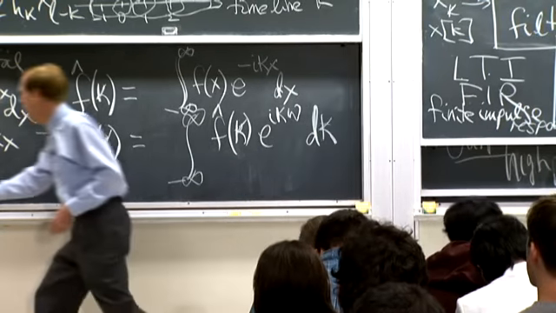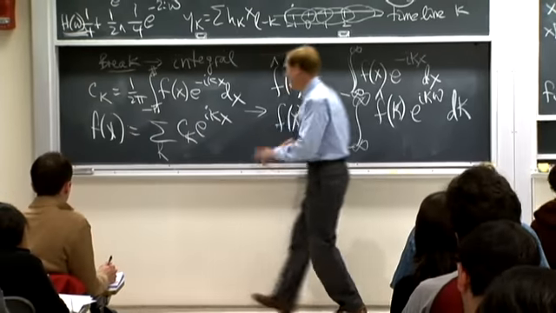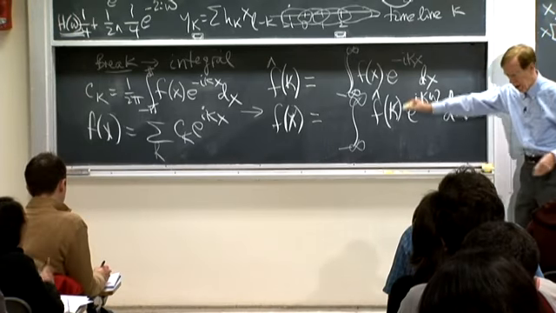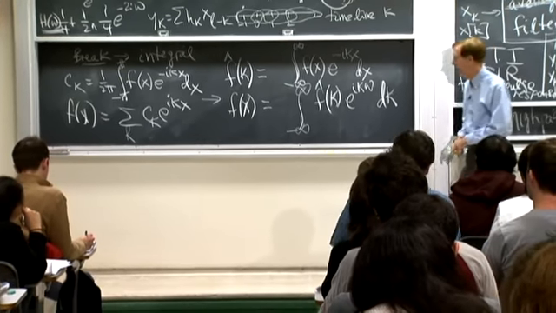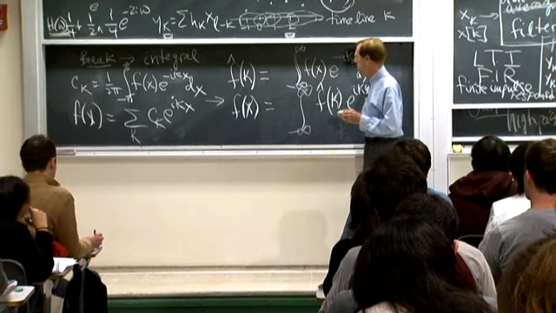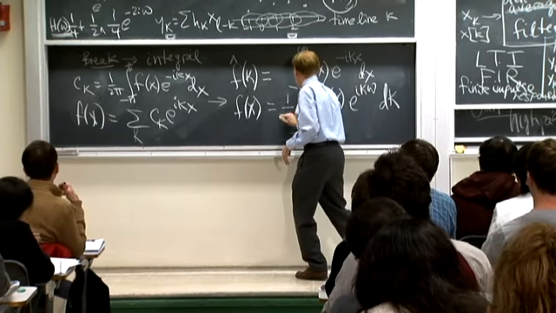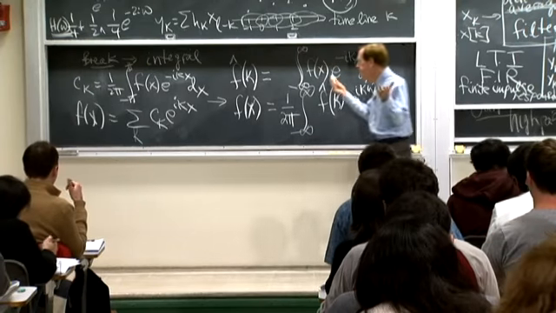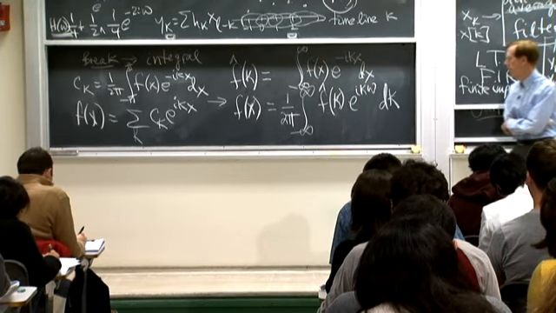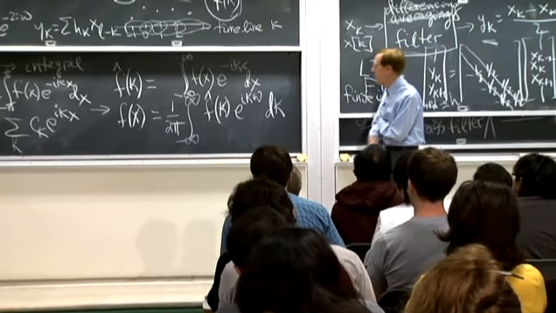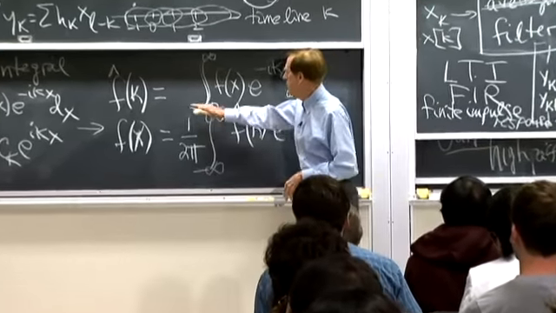This was a sum over k from minus infinity to infinity. Now this is an integral because it's all filled in. And it remains to deal with this 2 pi. I see in the book that the 2 pi went there. I don't know why. Anyway, let's follow that convention and put the 2 pi here. So there's the formula.